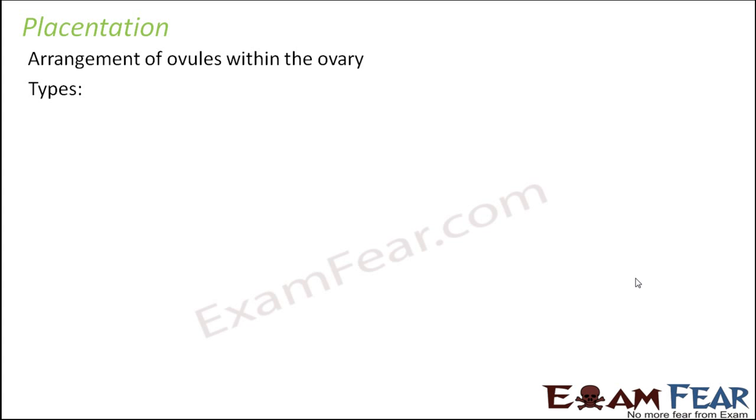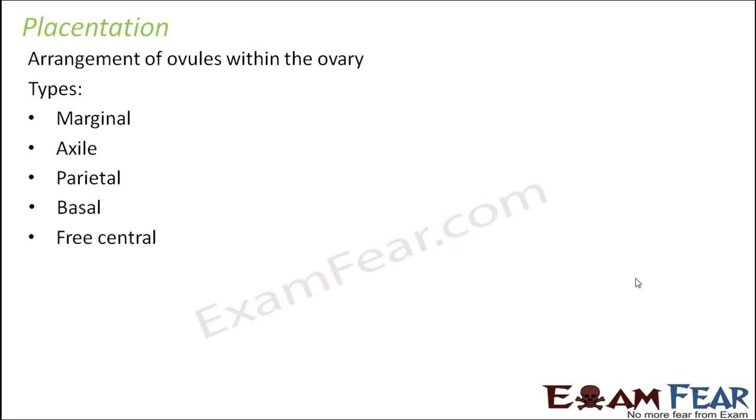Now there are many different types of placentation like marginal placentation, axial placentation, parietal placentation, basal, free central. So these are the 5 types of placentation that we will discuss in the next few slides.